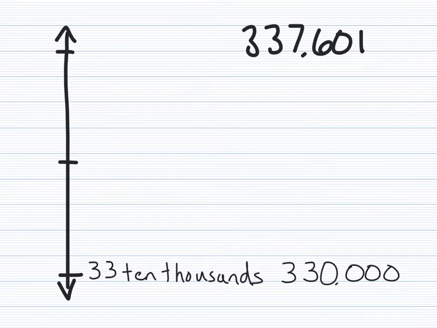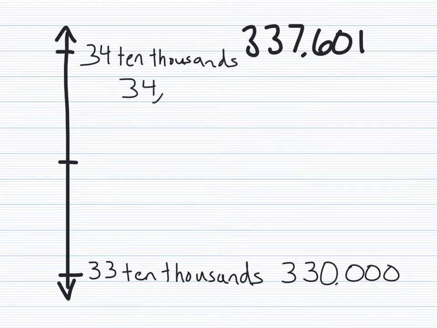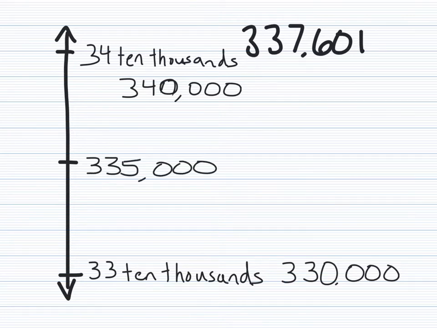What is 1 10,000 more than that? Well, that would be 34 10,000s. And when I write that as a number, 340,000. So to find the midpoint, I'm going to look at 340,000 and 330,000, ask myself what's halfway between there, and the answer is 335,000.